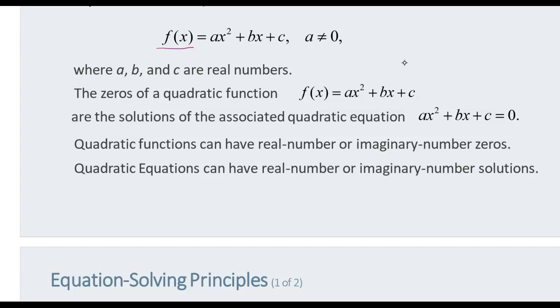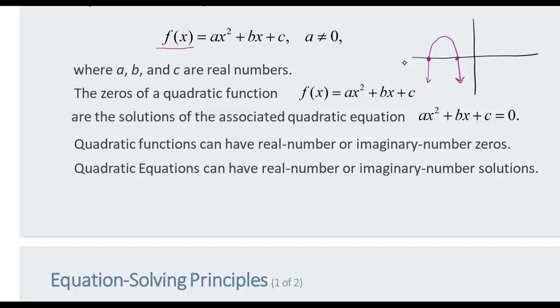A quadratic function can have real numbers or imaginary numbers as those zeros or solutions. If I have real numbers as the solutions, that shows up in two different ways. One is that maybe I have a parabola that's facing down, that means that the zeros are like this.